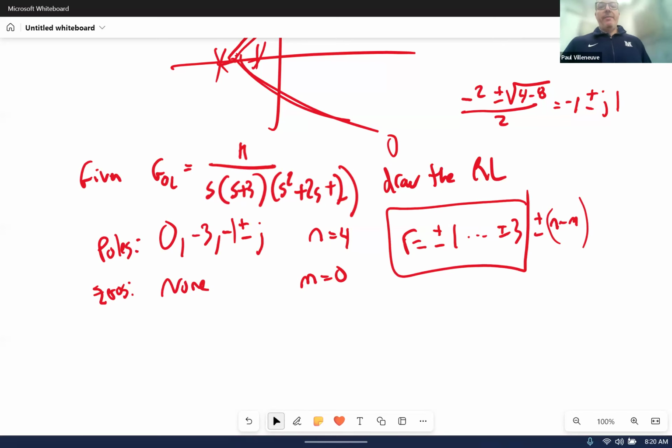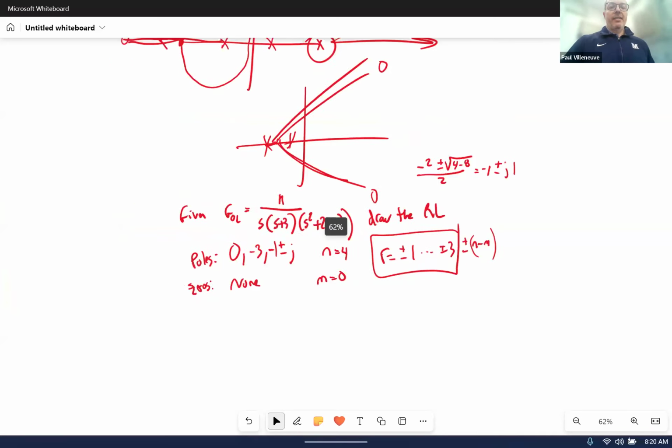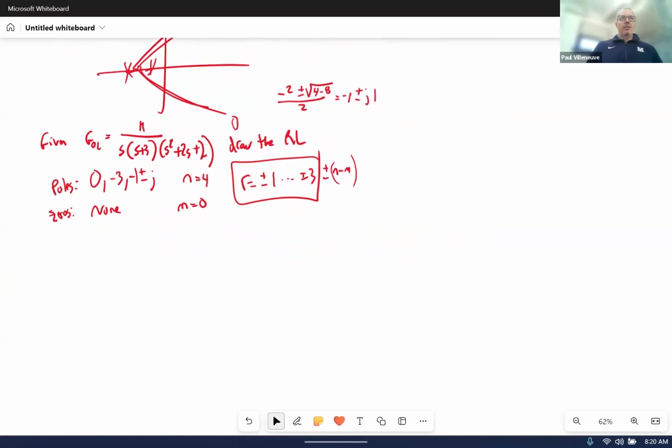So now I'm ready to go ahead and start to draw the basic pole-zero map. I'm just going to write my poles and my zeros. So here's my X. Here's my X. Here's my X. Oh, maybe that's a little too high.